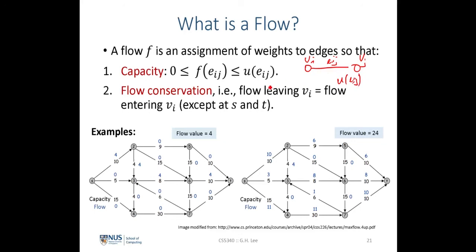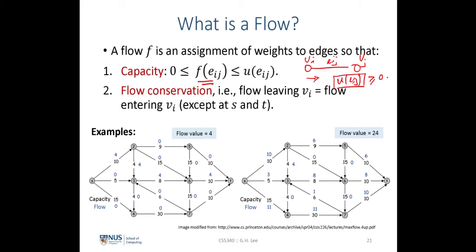This is why it's natural that the amount of flow we can send across is limited by the capacity of this particular pipe or edge connecting Vi and Vj. And since the capacity U is always greater than or equal to 0, the flow must always be between 0 and the capacity of this edge.